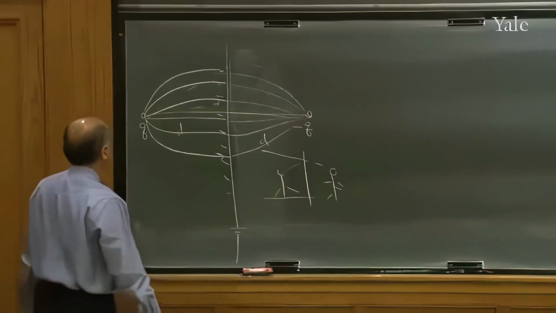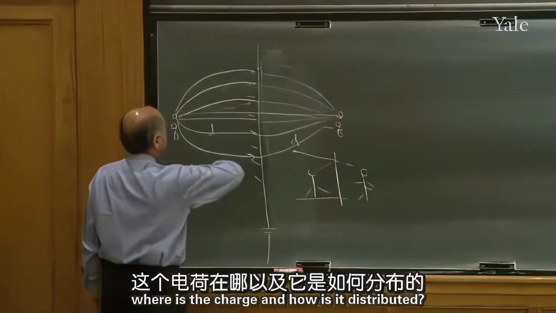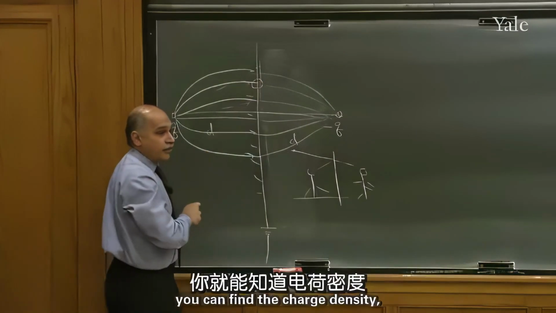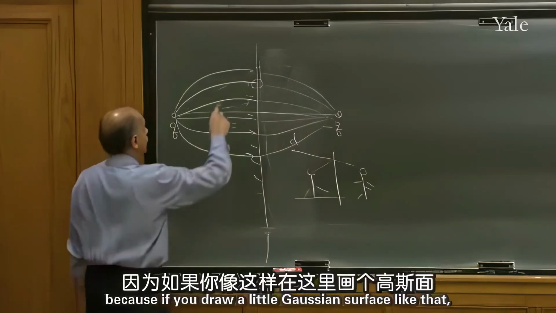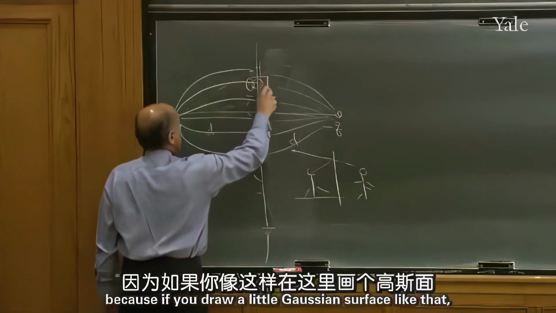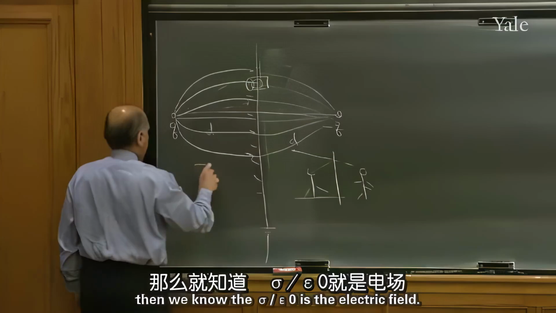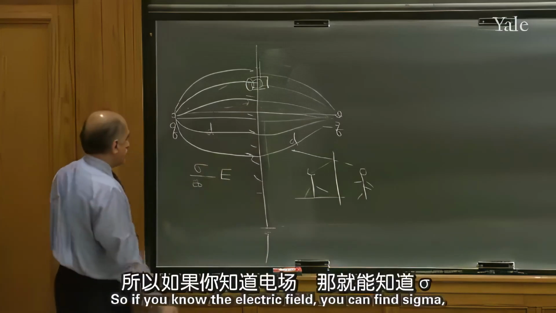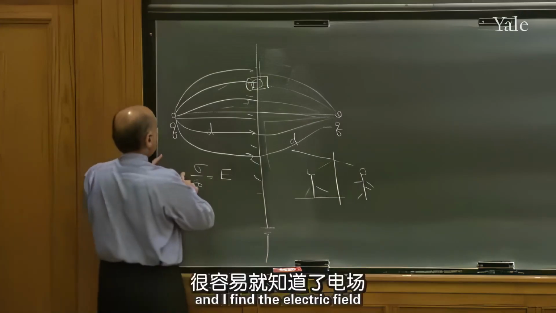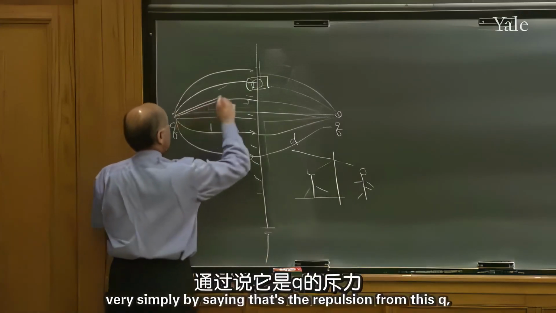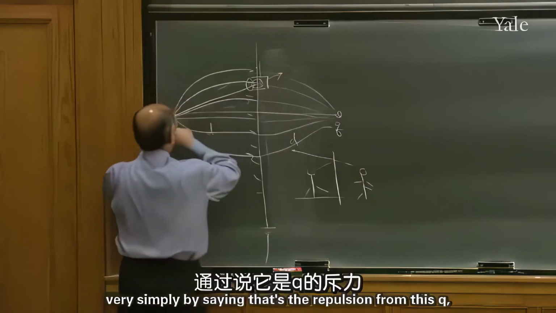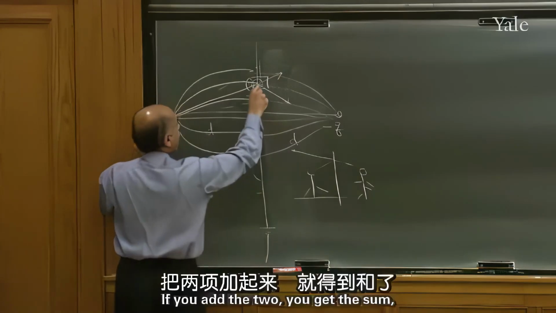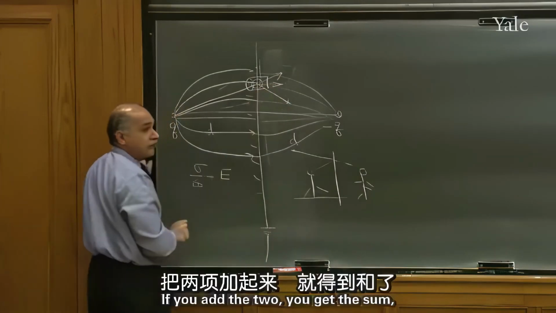Okay, now the question was, where is the charge and how is it distributed? You agree that if you knew the electric field here, you can find the charge density, because if you draw a little Gaussian surface like that, then we know that sigma over epsilon 0 is the electric field. So if you knew the electric field, you can find sigma, and I find the electric field very simply by saying that's the repulsion from this Q, that's an attraction from that Q. If you add the two, you get the sum, which I can calculate.